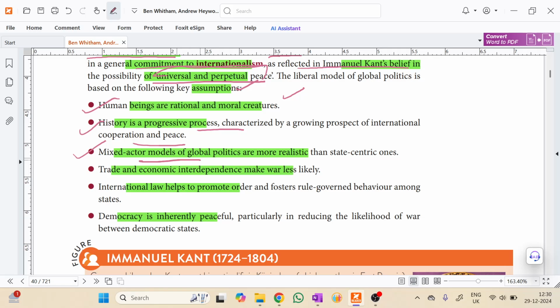Then mixed order models of global politics are more realistic than the state-centric one, which is the core model of the realist school.